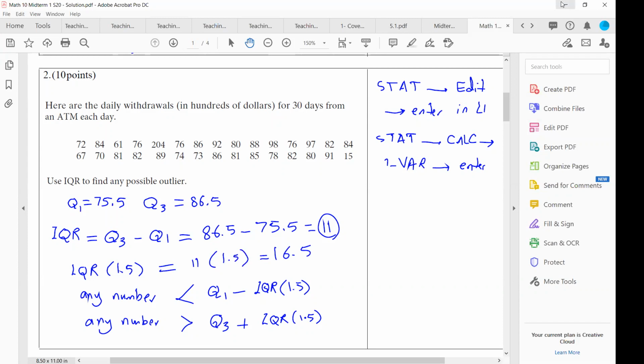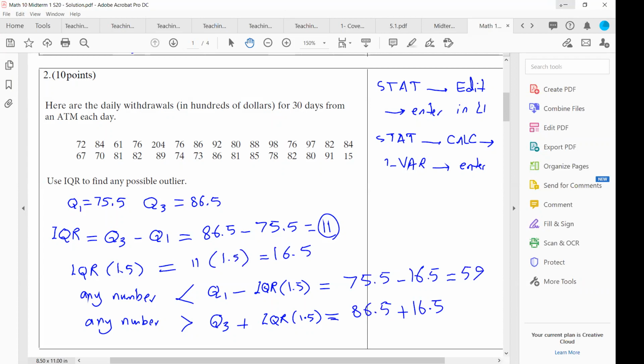In the next step, you have to calculate Q1 minus 16.5. Q1 is 75.5 minus 16.5. In the final step, we have to calculate Q3, 86.5 plus 16.5. So any number less than 59 in the collection is a possible outlier.